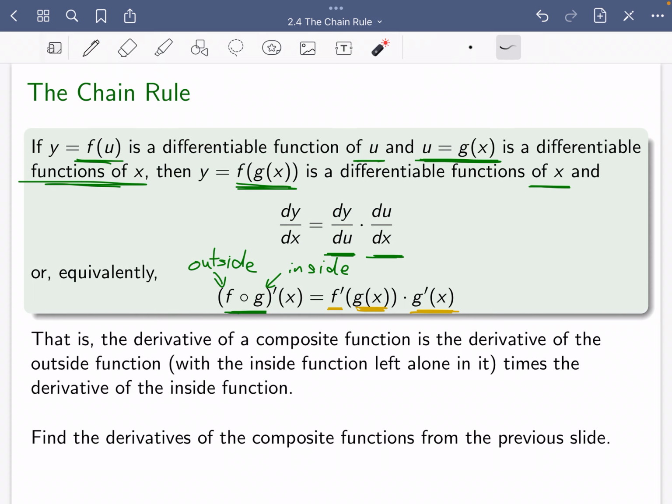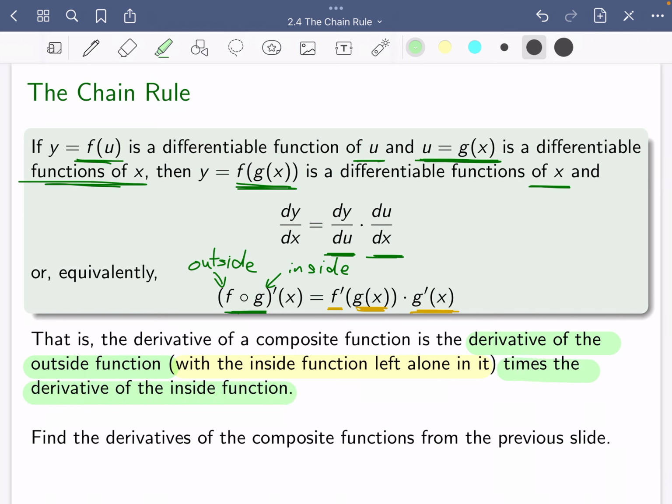Right? So the derivative of a composite function is the derivative of the outside function with the inside left alone. I can't emphasize that enough. With the inside left alone, times the derivative of the inside.